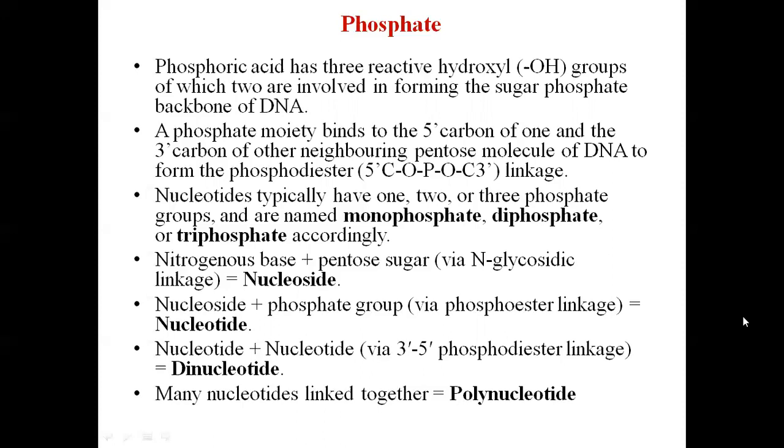Now to the nucleoside, if a phosphate group is added by means of a phosphoester bond, then it is called a nucleotide. Nucleoside plus phosphate group is nothing but nucleotide. And these nucleotides are linked with each other by means of a 3', 5' phosphodiester bond. It's a dinucleotide. Like this, if many nucleotides are linked together, it forms a polynucleotide.